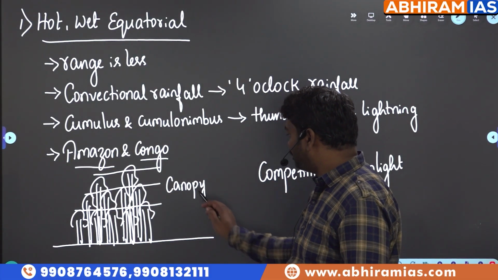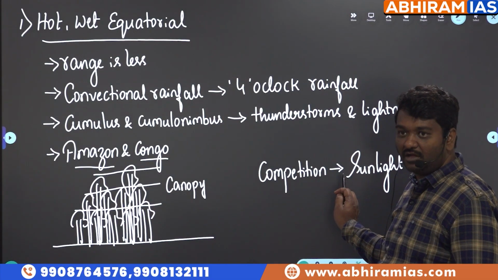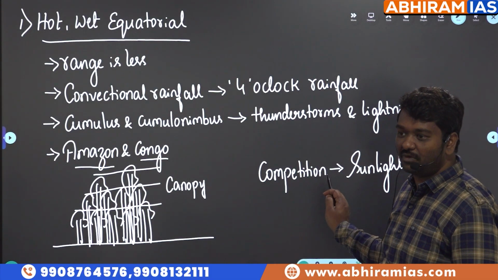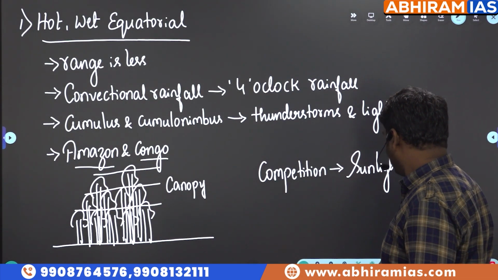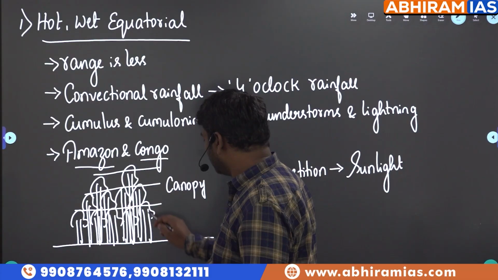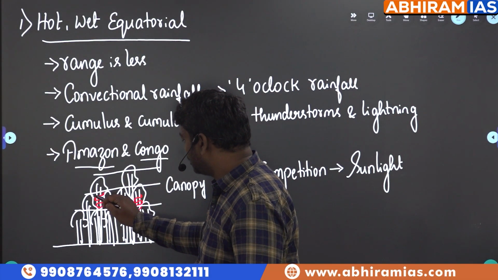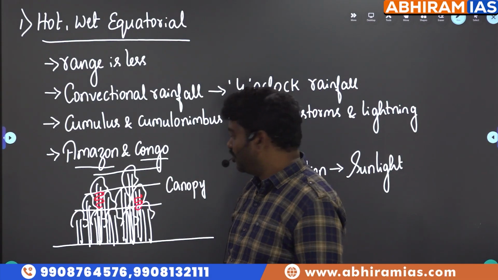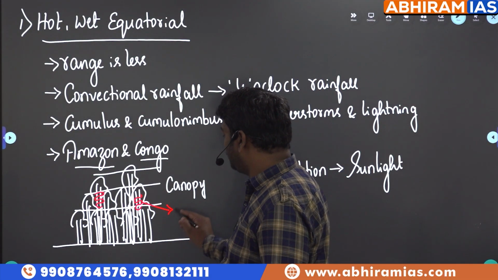Canopy, competition for sunlight, all these words are associated with equatorial climate. And as there is competition, you will have plants which grow on the trees.